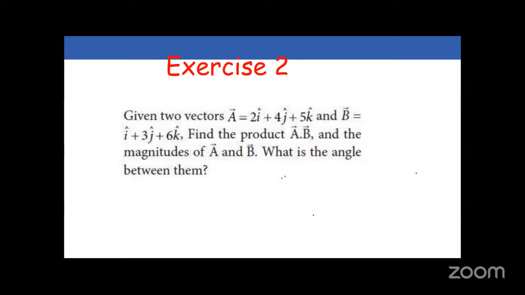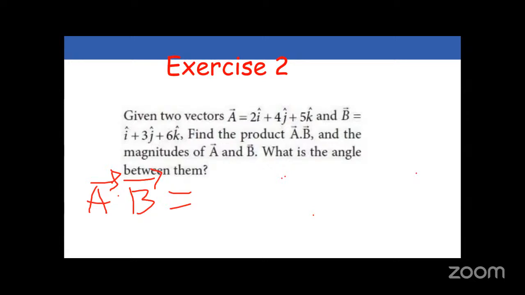So we start by finding the product, vector A dot vector B. So this is a dot product. Remember that a dot product is also known as a scalar product, because the outcome of this kind of multiplication of two vectors will give you a scalar.